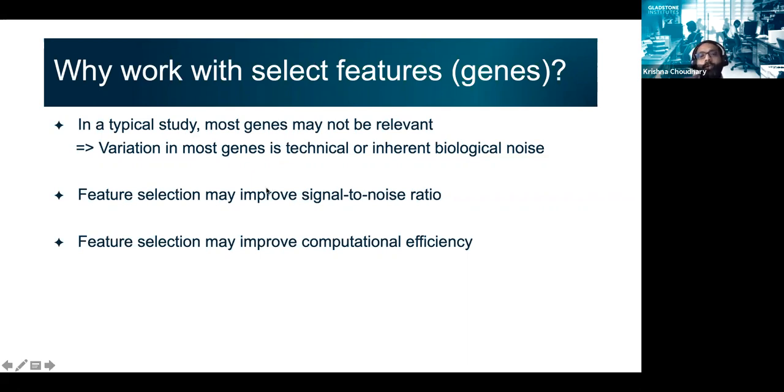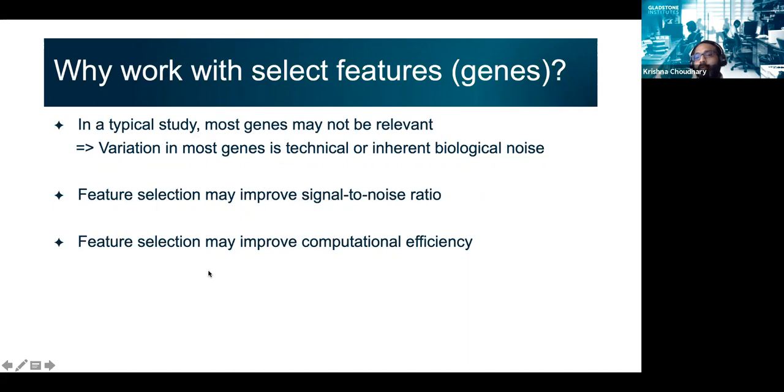So we can perhaps get rid of those subsets of genes, so to say. And by doing that, we can improve the signal level in our remaining data. So that's what we want to do: enrich for signal content, or the desired signal content in our data. So that is the goal of feature selection.